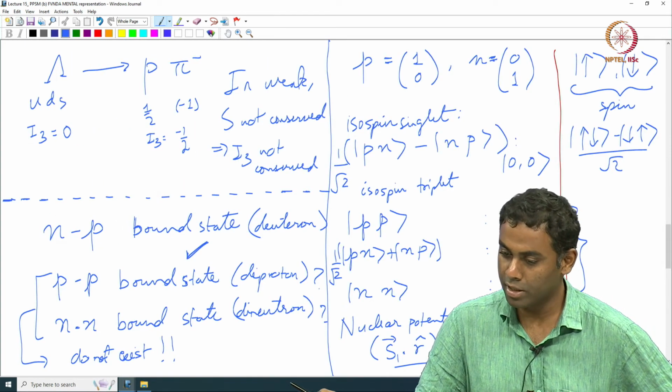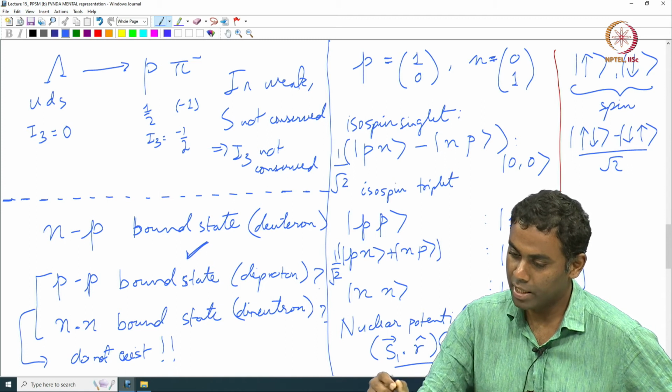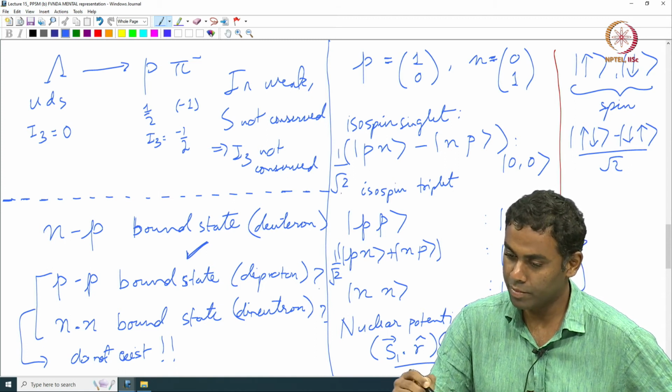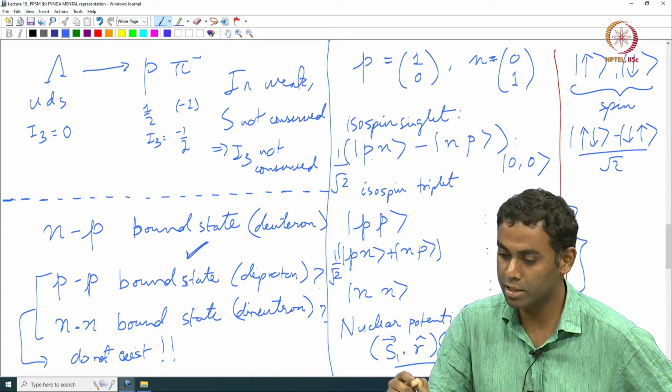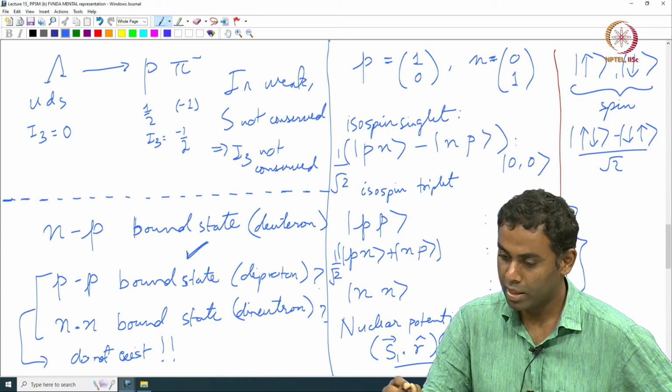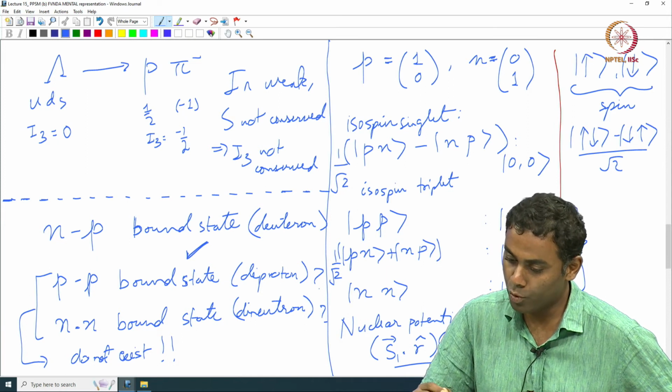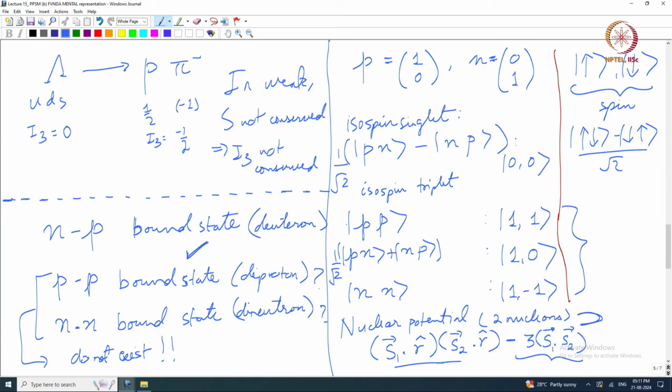Said differently, I have to make sure that the isospin is in a singlet state, right, because only the singlet state lets them be anti-aligned. Only in the singlet state you have Pn and Np. In a triplet state you have both Pp, Nn, that is you have both aligned isospins and anti-aligned isospins, but in a singlet state you have only anti-aligned, correct.